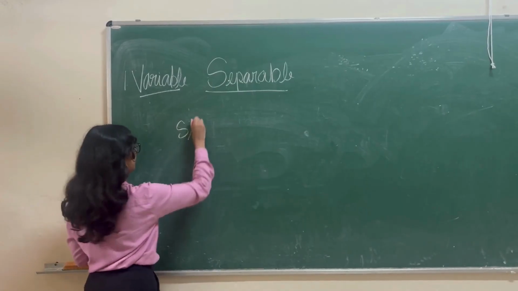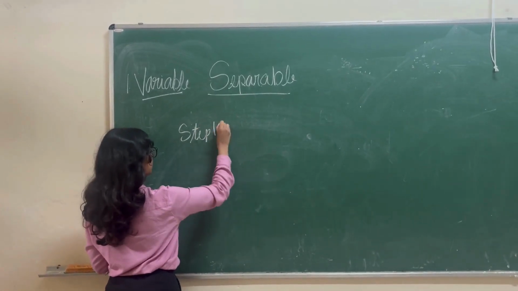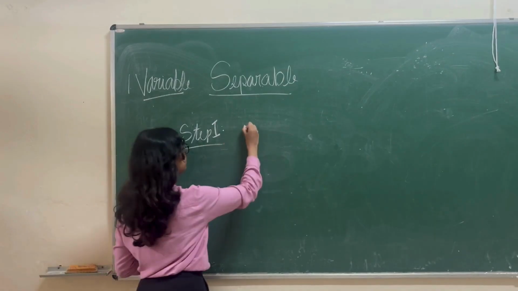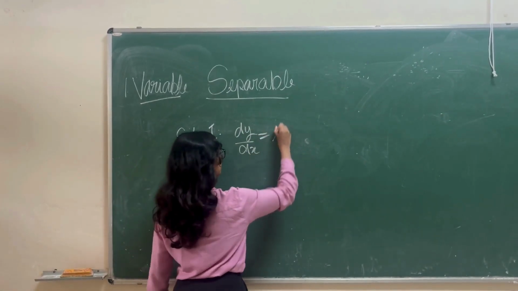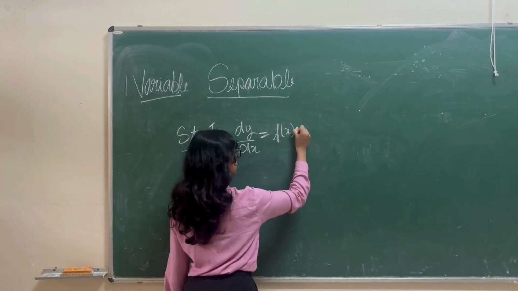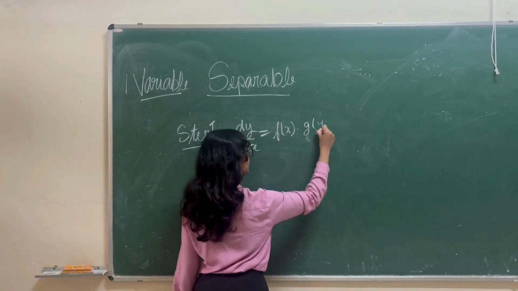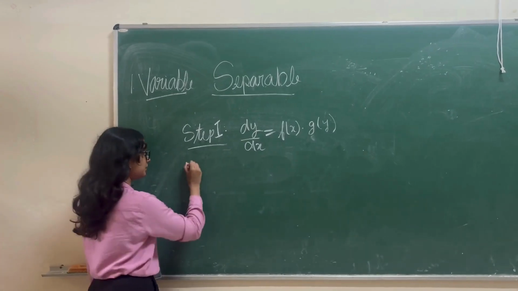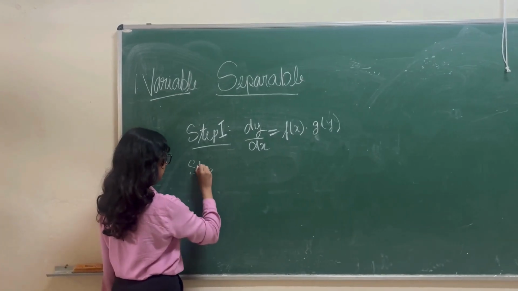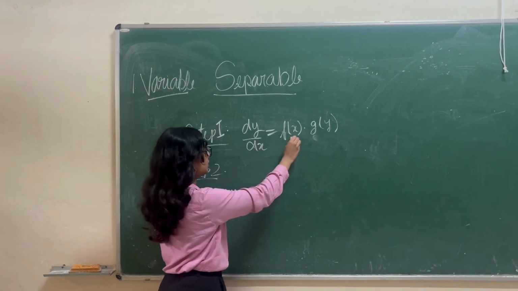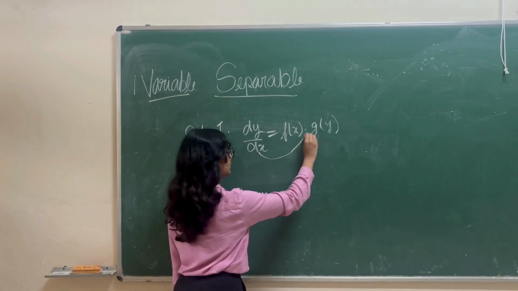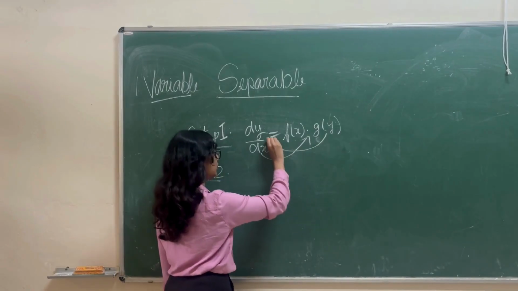In step 1, we have the equation in the form of dy by dx is equal to f of x into g of y. Now, in step 2, we're going to transpose dx to this side and g of y to this side.